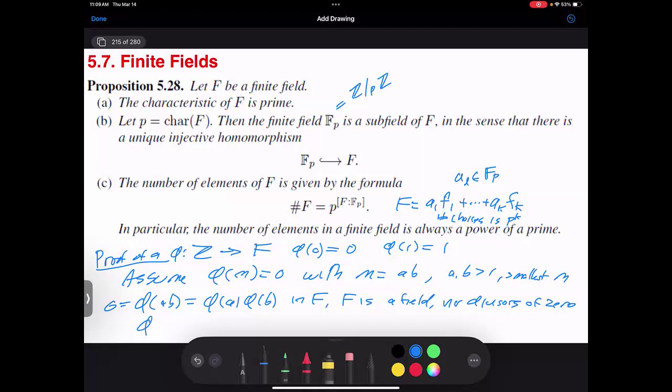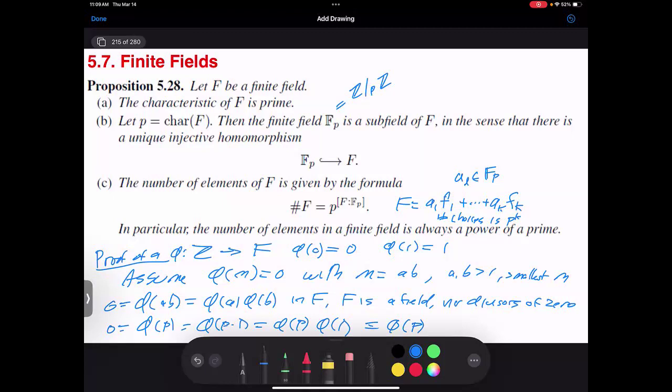If I give you phi of P, where P is a prime, I can write that as P times 1, which is phi of P, phi of 1. Well, what does phi of 1 equal? 1. This is not a contradiction. I'm not really getting divisors of 0. I'm just getting 0 times 1.